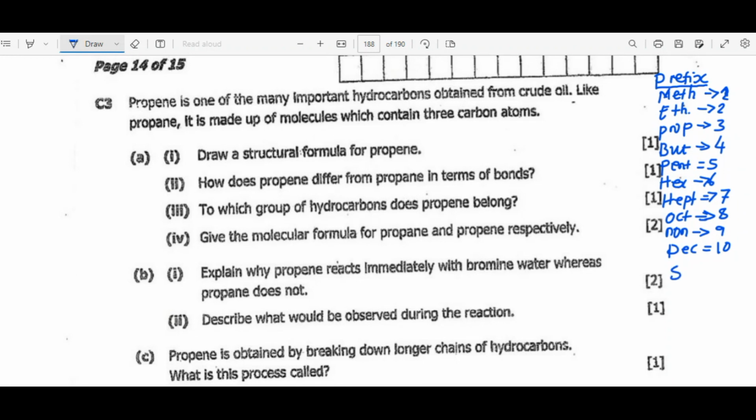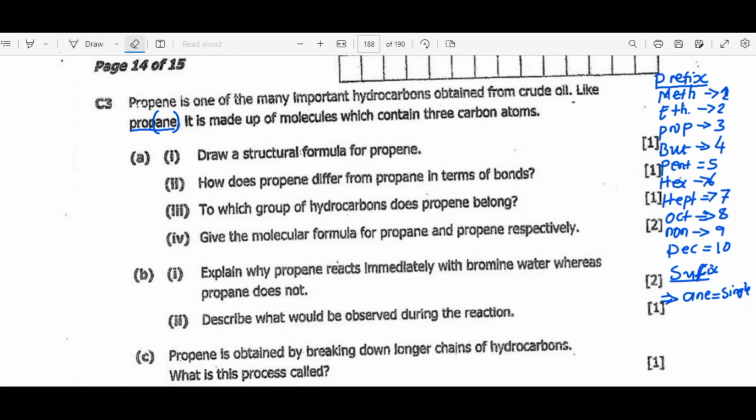Then if you look at the suffix, we just look at 2 for now. So the suffix, which is ane, tells us the compound is made up of single bonds only. For example, if you look at this one, propane, we have ane.